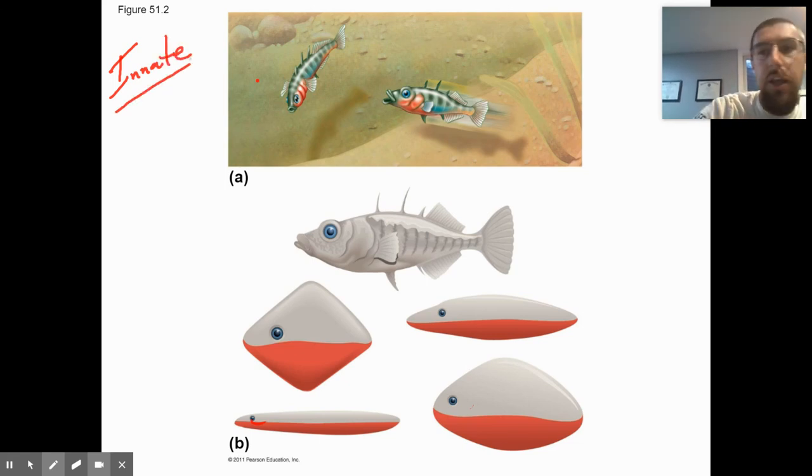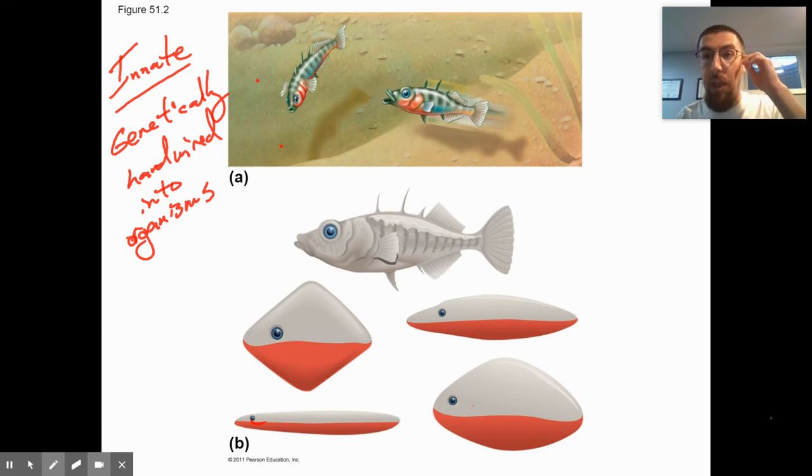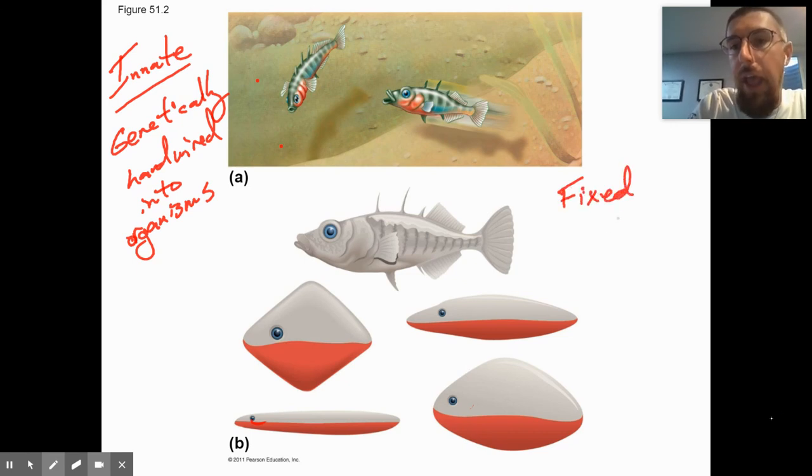And innate behaviors, in case you didn't catch what I just said, are genetically hardwired into organisms. Innate behaviors don't need to be taught. The first type of innate behavior we'll talk about are fixed action patterns.